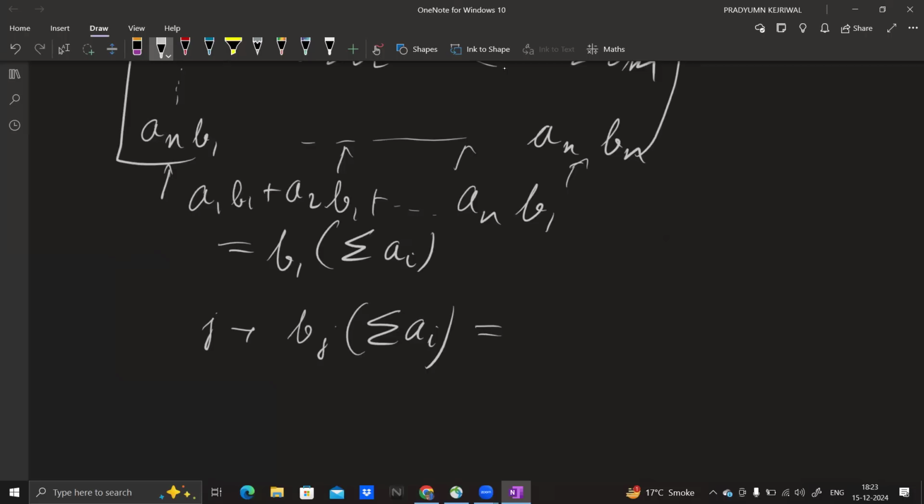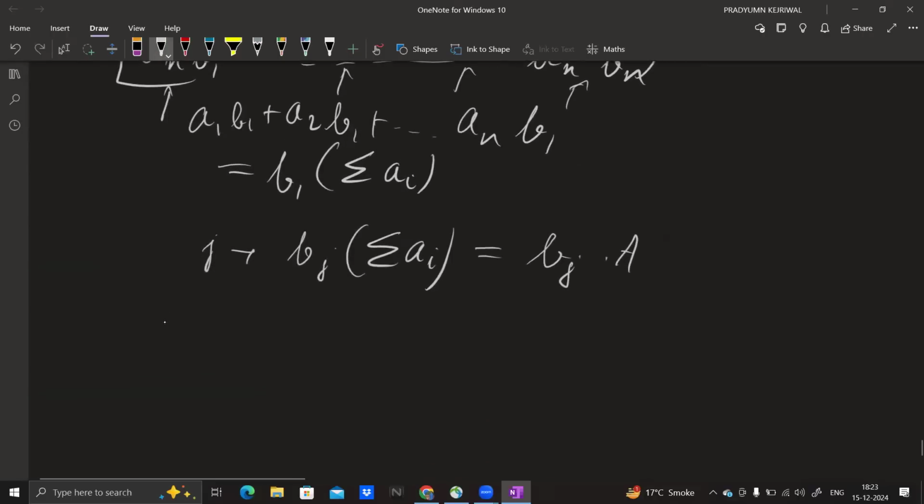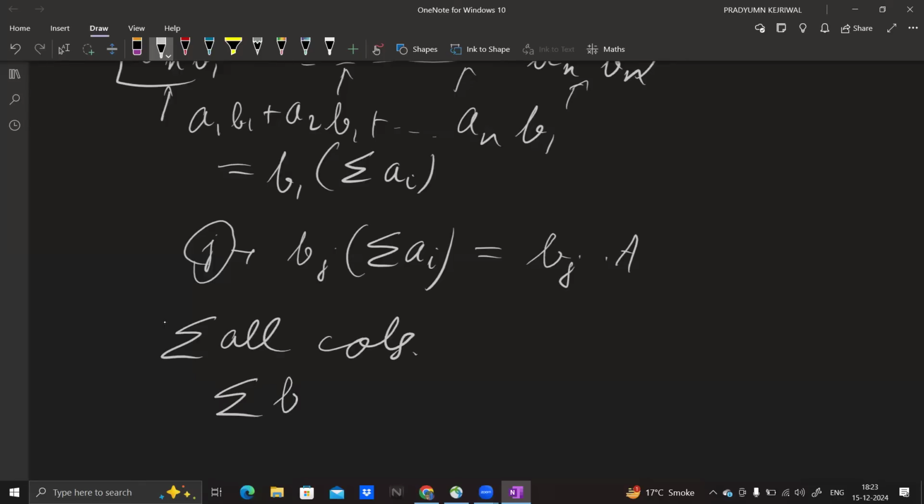So I can write this as bj into A, where capital A is the sum of a. So this is the sum of the jth column. The beauty would be the sum of all columns, that is the sum of bj into A. We can take A out because it doesn't depend on j.